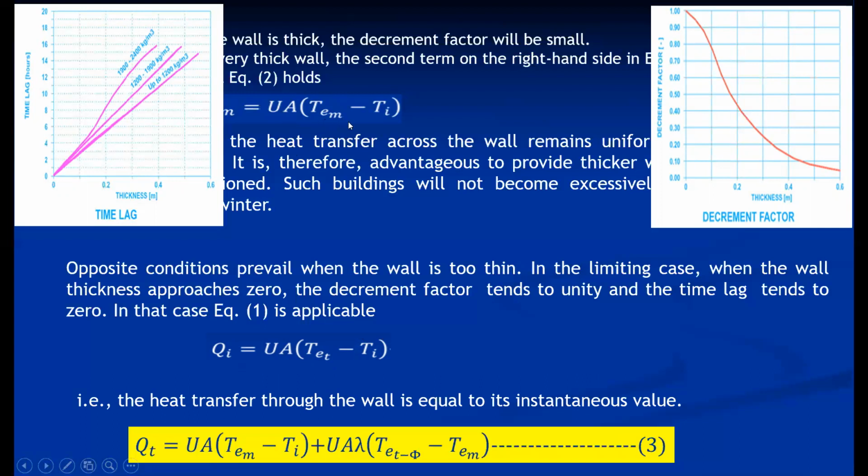For a thick wall, generally the heat transfer rate is uniform, and for a thin wall, the instantaneous heat transfer variation is large. So it is recommended to have a thick wall where the outside temperature variation is large, and we can go for a thin wall if the outside temperature is more or less uniform.